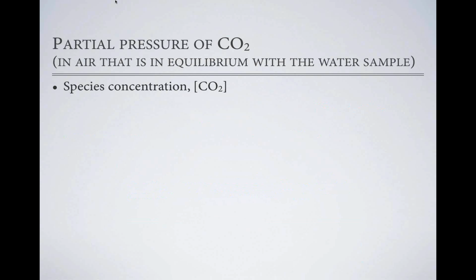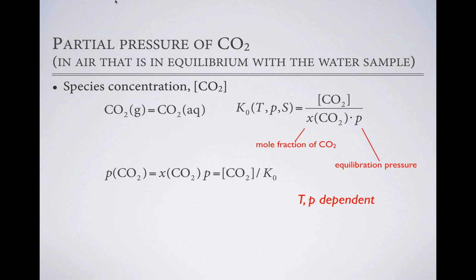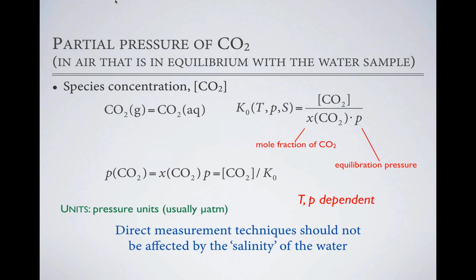For partial pressure of CO2, we're essentially looking at an equilibrium between the gas and aqueous phase, where partial pressure is the product of the mole fraction of CO2 in the gas and the equilibration pressure. This is a temperature and pressure dependent term, and it's usually measured in microatmospheres.